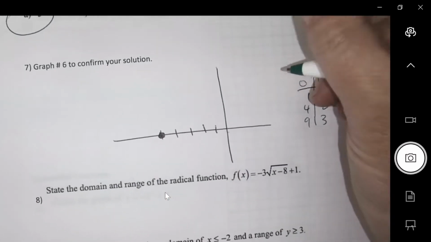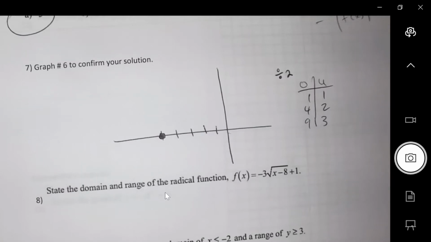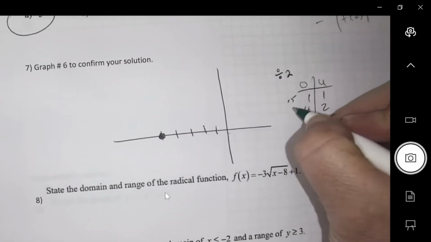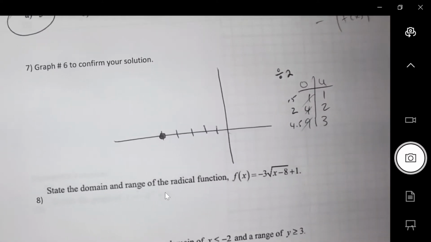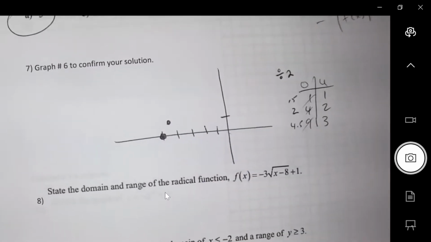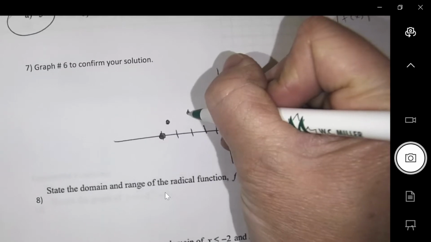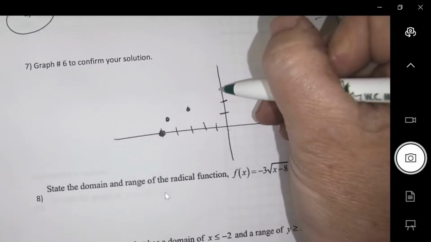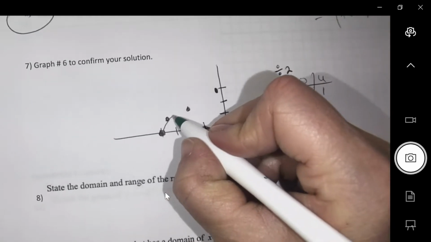B. So I'm going to divide by 2. Okay, I'm going to go a half right, up 1. 2 right, 2 up. 4 and a half right, 3 up.